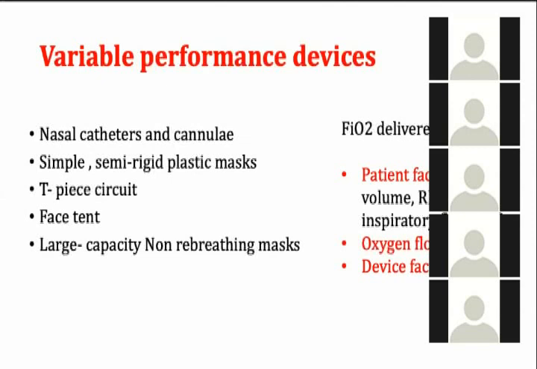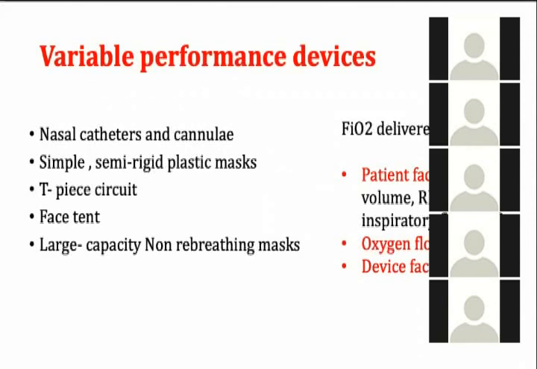If the fraction of oxygen that is delivered varies with the patient factors, the oxygen flow rate and the device factors, those types of devices are called variable performance devices. Understood? Students, anybody say yes or no? Yes, madam. So these are very commonly used devices.